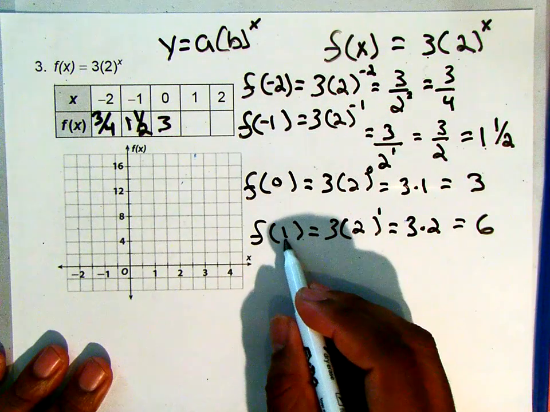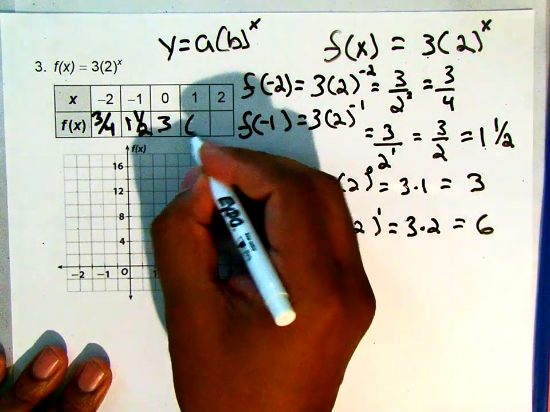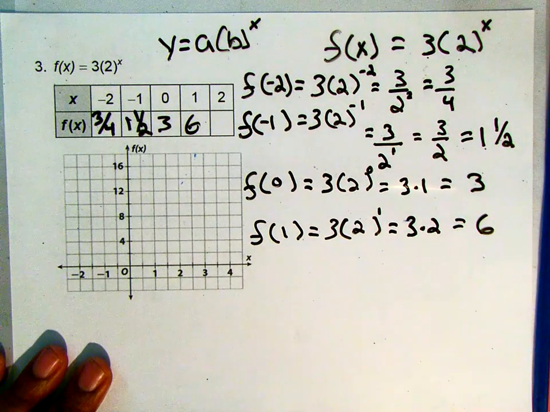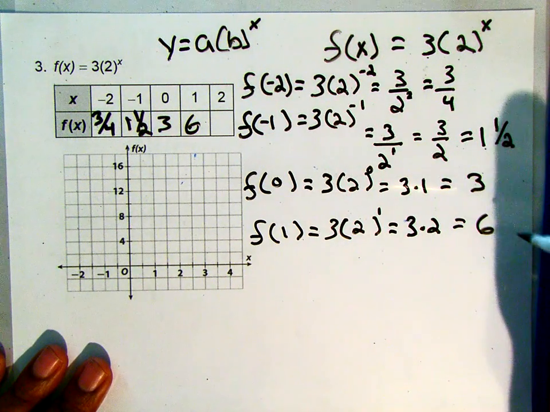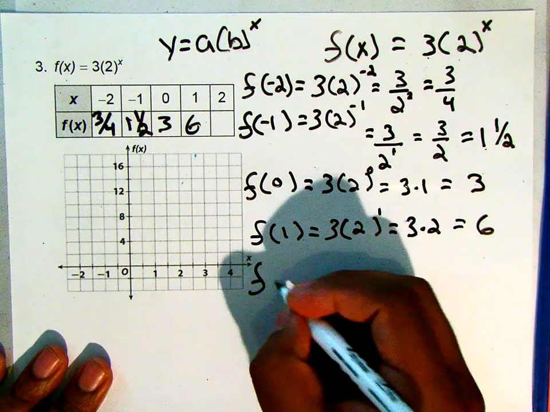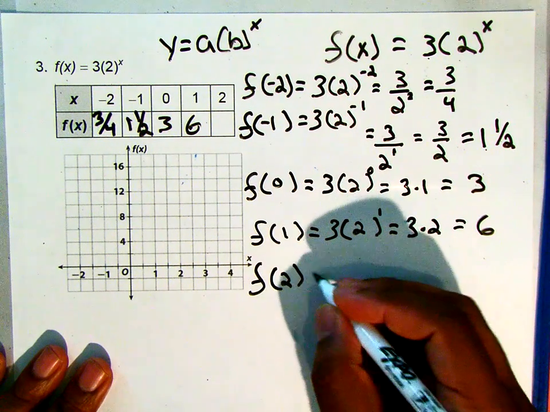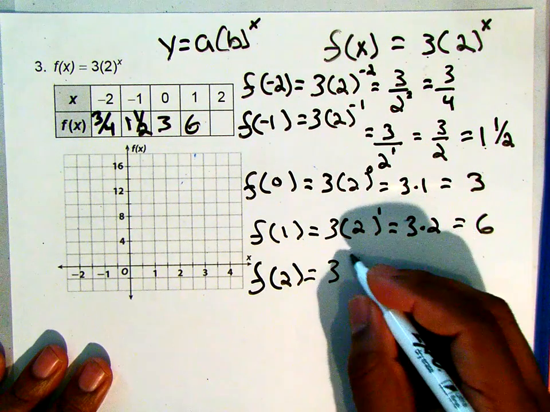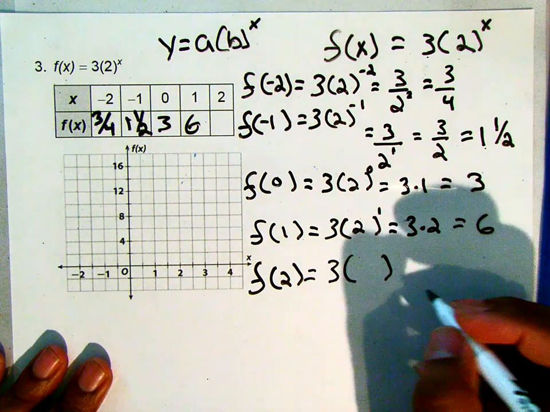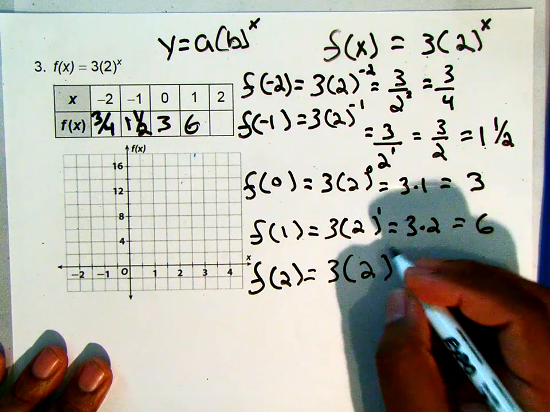So when I plug in this 1, I get 6. Notice how quick it's going: 3/4, 1 1/2, 3, 6. Now we're going to plug in 2. So I have 2 raised to the second.